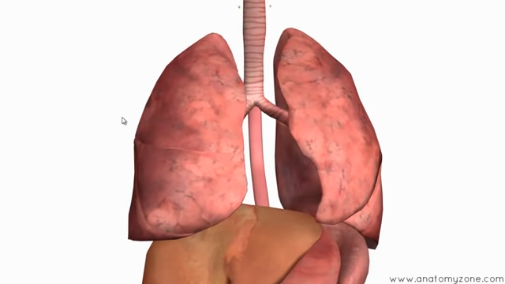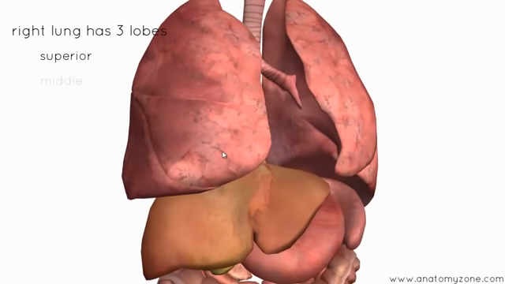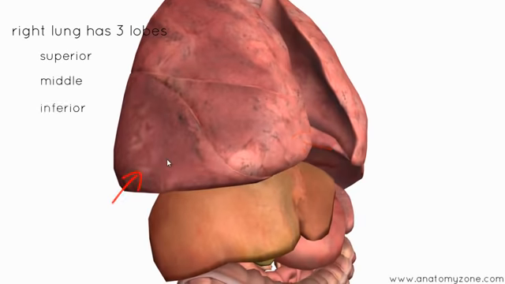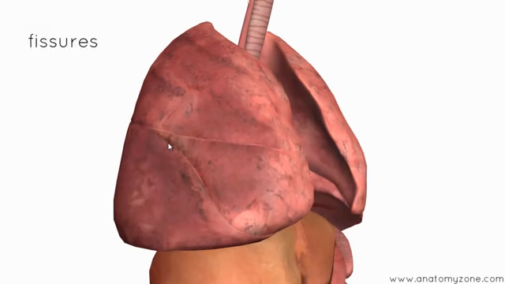So these secondary bronchi are called lobar bronchi because they supply the lobes of the lung with air. The right lung, which is this lung here, has three lobes. You've got a superior lobe, a middle lobe, and an inferior lobe. And these lobes are separated by fissures.